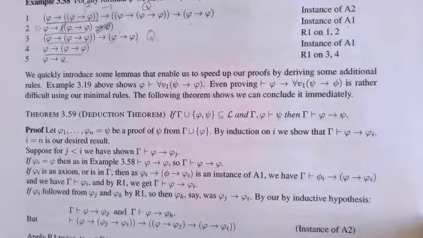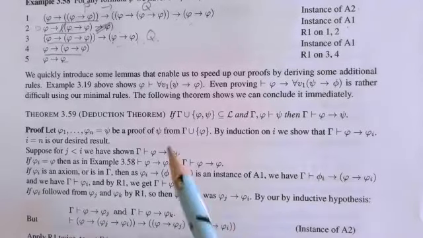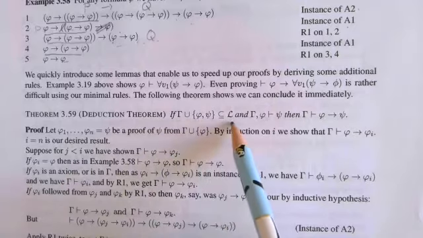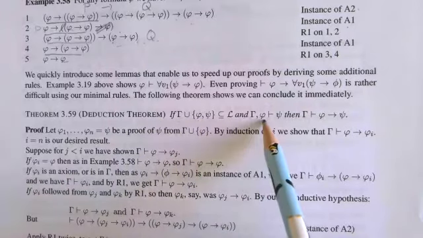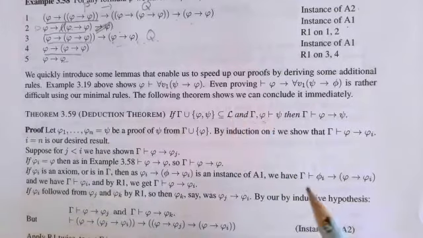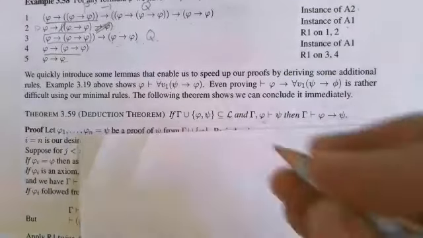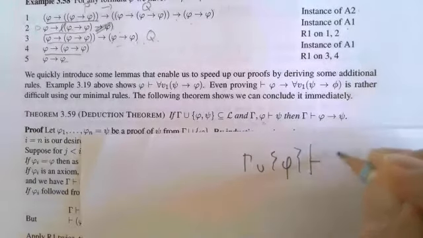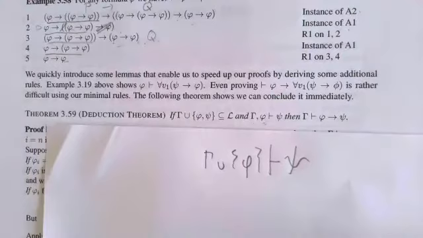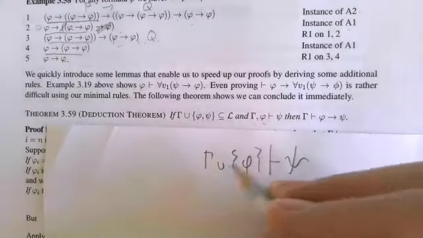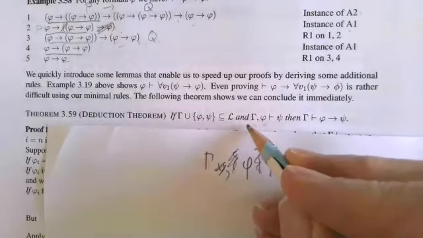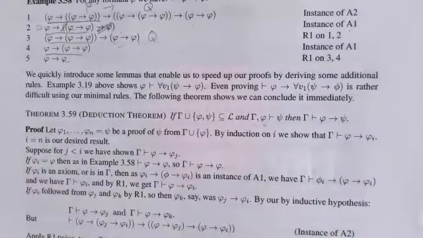So see what it says. I've got gamma and I've got phi and psi in the language. And I'm going to use hypotheses gamma, phi here. Formally we would write something like gamma, phi, psi, but as I said before, we want to reduce clutter, so this is gamma union singleton set phi.